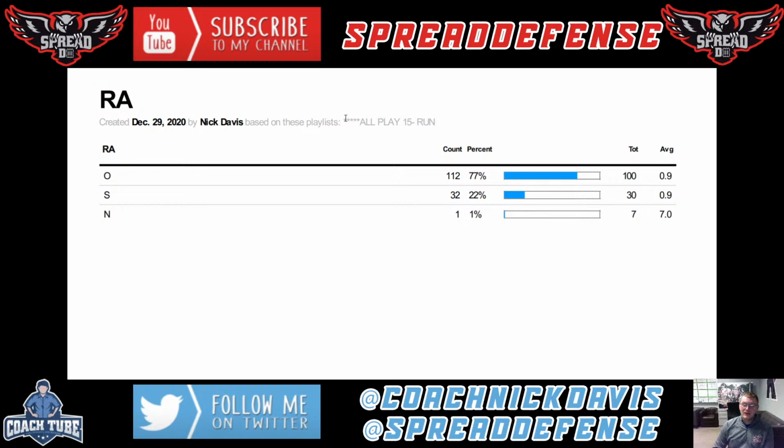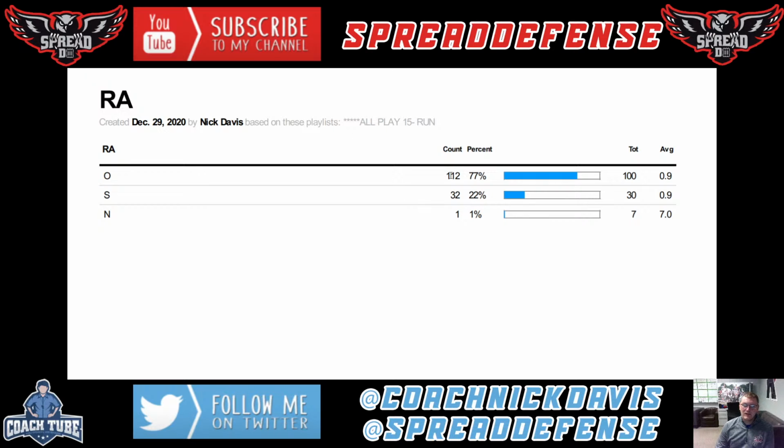If we play double two eyes, maybe he's not running in the A gap at all against us. Or all the film I'm seeing is against a three technique to the field and a shade to the boundary. Well, maybe he always goes to the left if the ball was in the hash, or to the play side A gap, backside B gap. Again, I don't think that's great information.